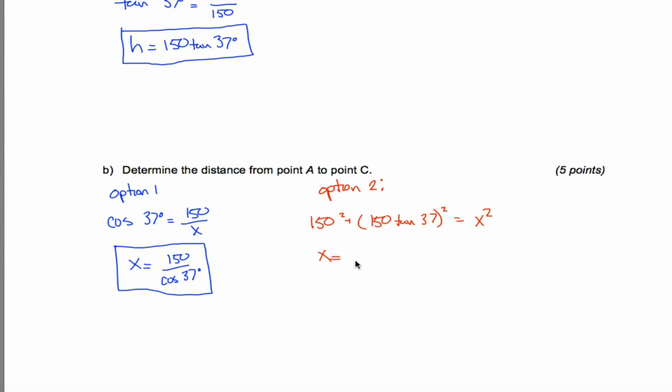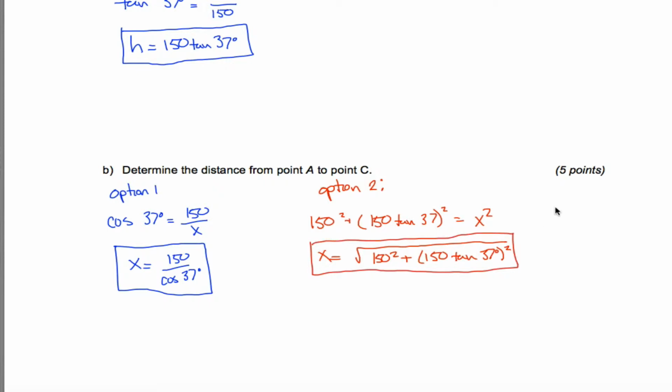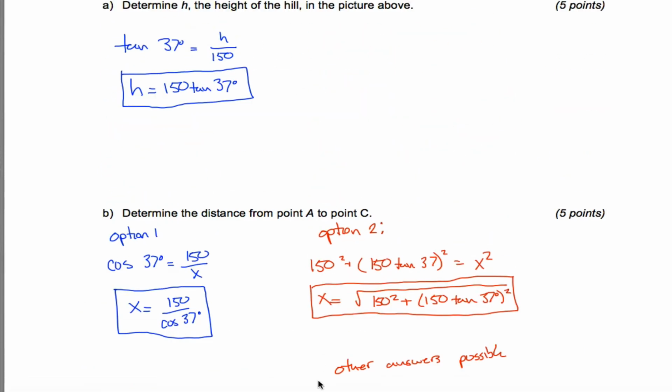So x is equal to the square root of this stuff, 150 squared plus 150 tangent of 37 degrees squared. Either of those perfectly acceptable. Other answers are also possible, and that's true both up here and down here. But I think that's everything I want to say for this one.